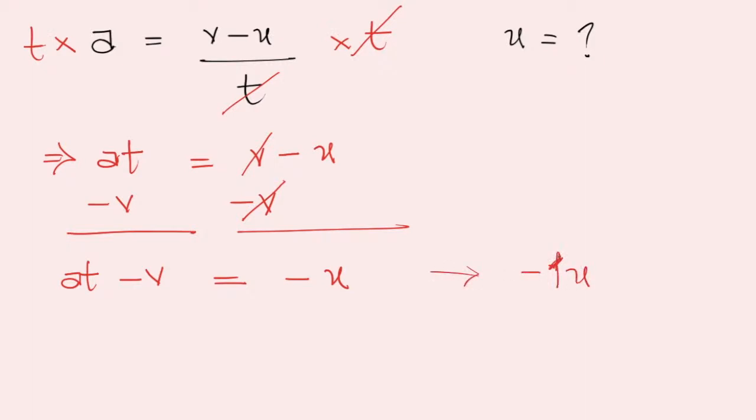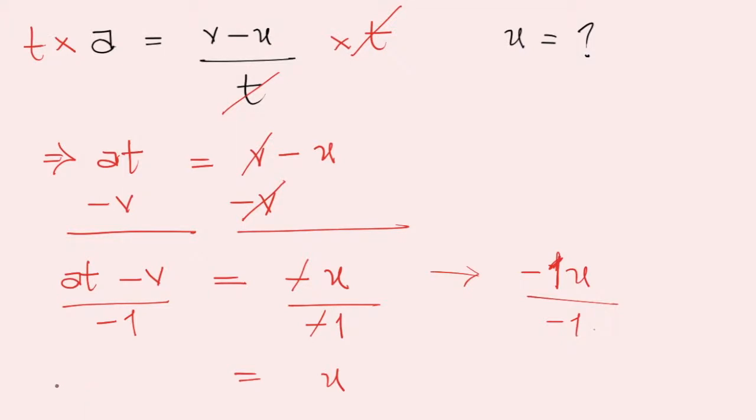So what we need to do to get rid of this 1 is to divide both sides by minus 1. And if we do that, what we have is minus 1, minus 1. So this minus cancels out this minus to leave U on this side alone.